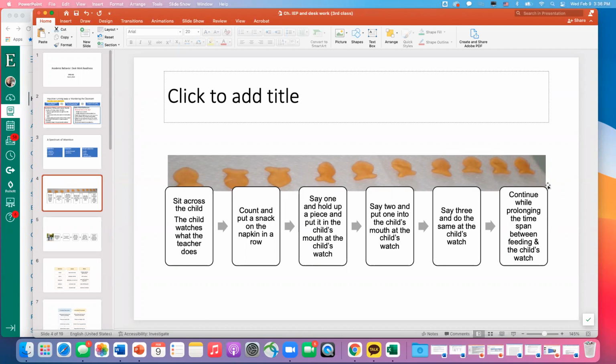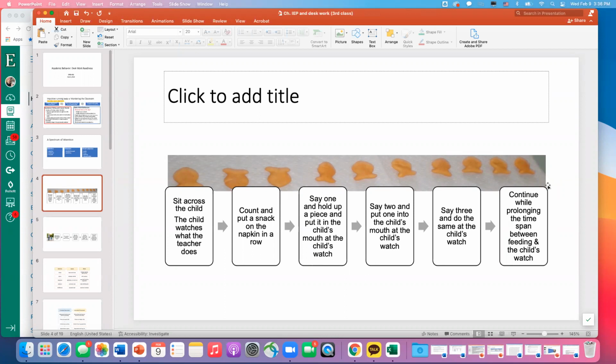And then their selective attention, this is sustained attention. Okay, so one activity has multiple functions. So we have goals: eye contact, selective sustained attention, sustained sitting, sustained eye contact.